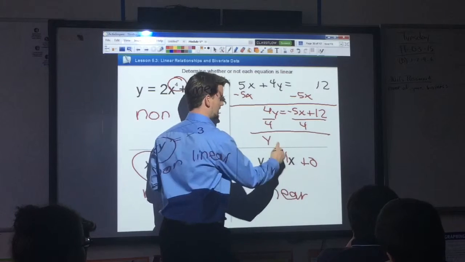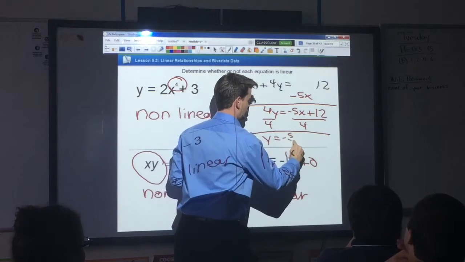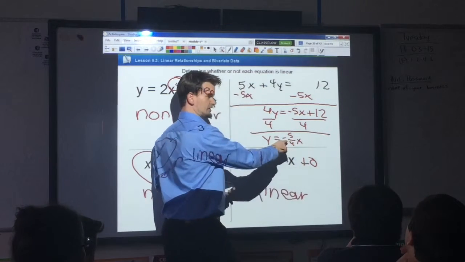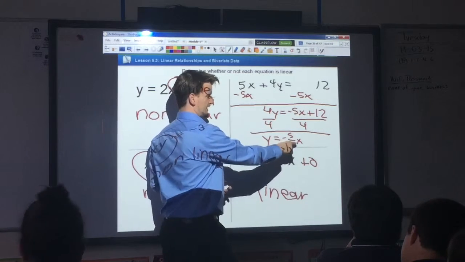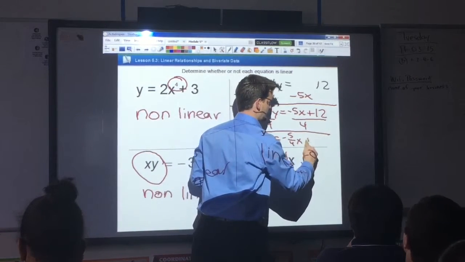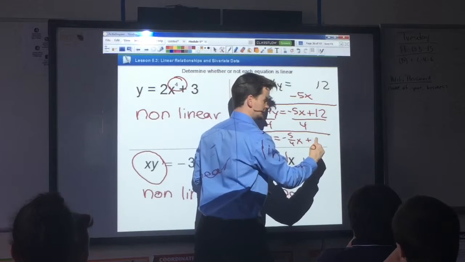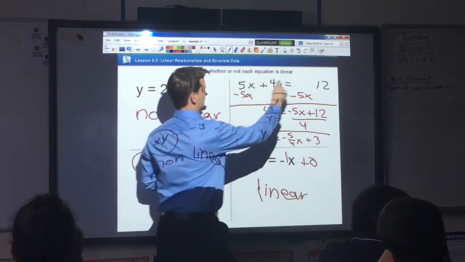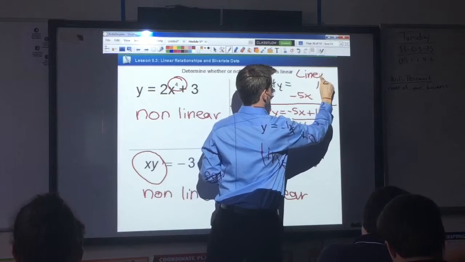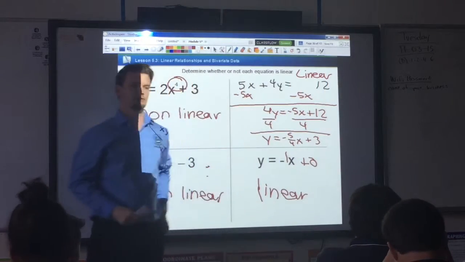Y, there's my y, equals negative 5 over 4 x. There's my slope, it's negative 5/4, next to the x, and then my y-intercept would be, what's 12 divided by 4? 3. So I'm going to say that this one is in fact linear because it satisfies all the criteria.